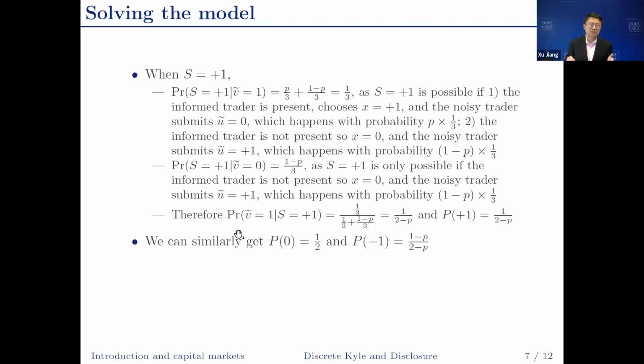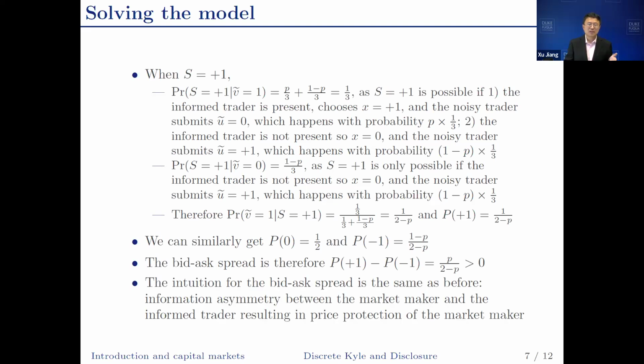We can similarly calculate that when the order flow equals 0, the price will be 1/2, and when the order flow is -1, the price will be (1 minus P)/(2 minus P). So we can see here the bid-ask spread, which is the price when you have a buy order minus the price when you have a sell order, to be P/(2 minus P), and that's positive.